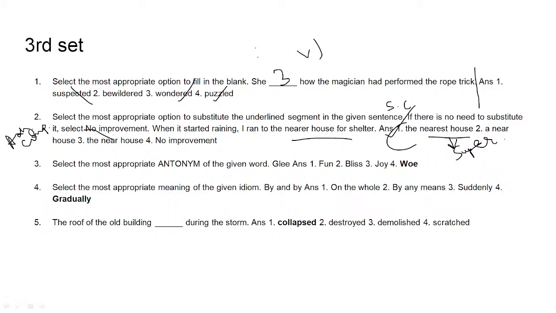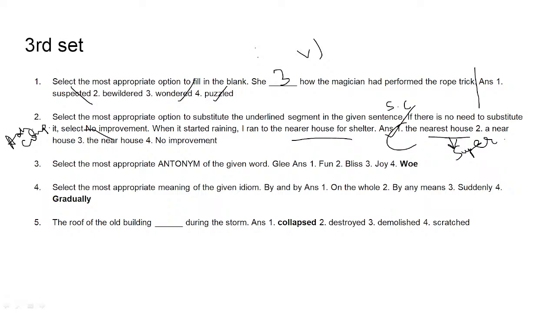Our third option is an antonym. Antonym means opposite. Our question is glee. Glee means what? Happiness, right? Glee means joy, बहुत आनंद, fun, ये सब. Okay, so our first option is fun, and see, this is a synonym of glee and not an antonym. Bliss मतलब almost related to glee. Bliss मतलब बहुत शांति, आनंद, शांति. Glee मतलब मजा, fun.